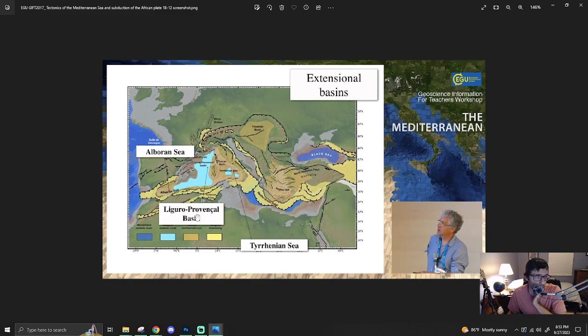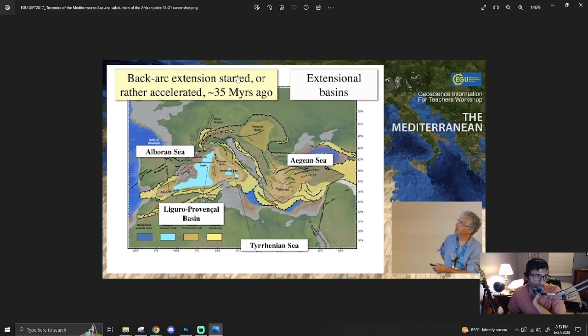Extensional basins. I mainly took this for names, I think. Just places where it opened up space. Back arc extension started or accelerated rather 35 million years ago.